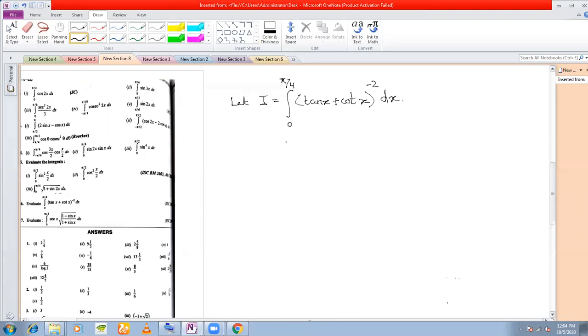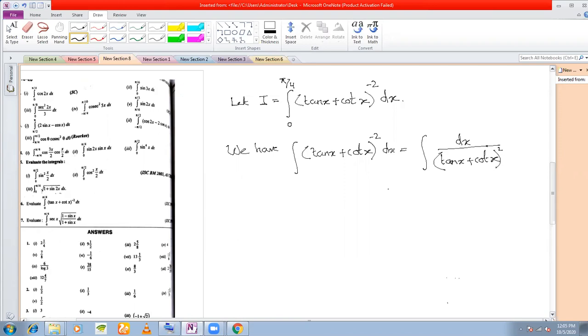We first evaluate it as an indefinite integral. So we have integral tan x plus cot x to the power of minus 2 dx, which can also be written as integral dx divided by tan x plus cot x whole square.